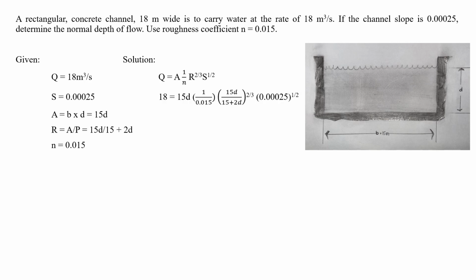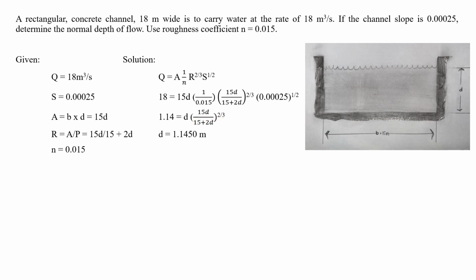Plugging in all the numbers, we get 18 is equal to 15D multiplied by 1 over 0.015 times 15D over 15 plus 2D raised to 2/3 times S, which is 0.0025 raised to 1/2. We can get 1.14 is equal to D multiplied by 15D over 15 plus 2D raised to 2/3. D is equal to 1.1450 meter.